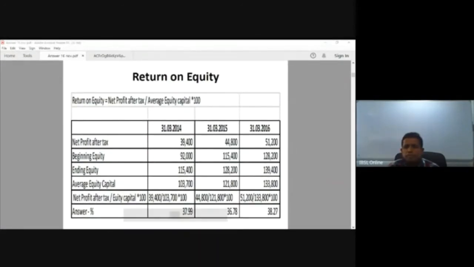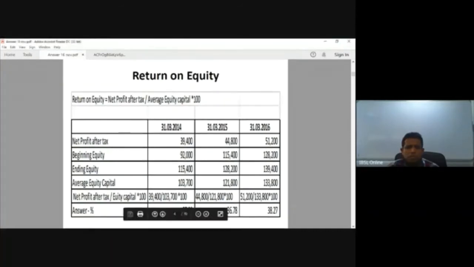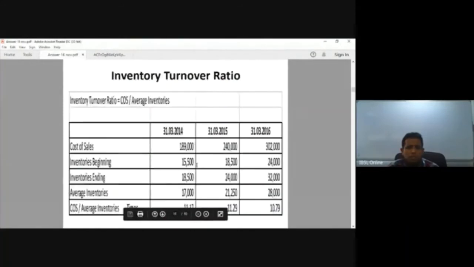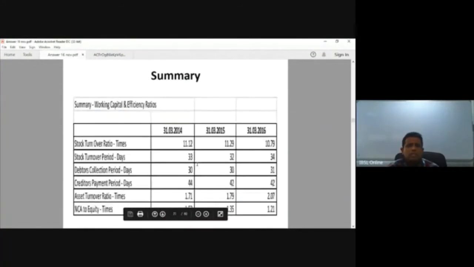Here, when ROE is calculated for 2014, 108 million is considered as the equity figure, since the 2013 equity figures are not available. You are talking about, I suppose, the last question I took.